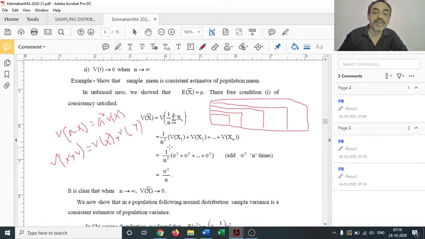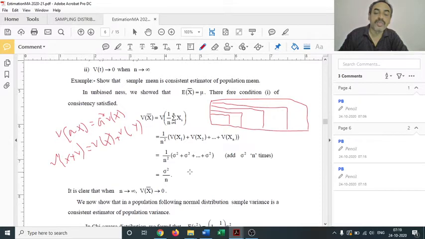So it is 1 by n square V of x1 plus V of x2 plus etc plus V of xn, or 1 by n square sigma square plus sigma square, because all the variables x1, x2, etc., xn are coming from the same population. Therefore individually the variance V of x1 will be the variance of the population, and since all are from the same population they all have identical variance sigma square.